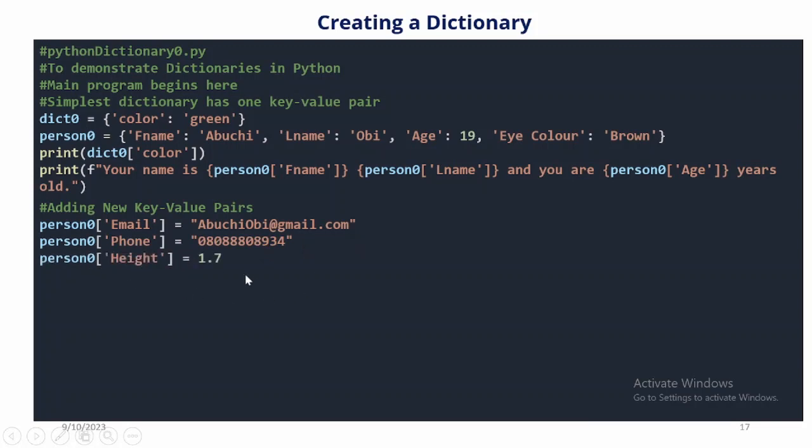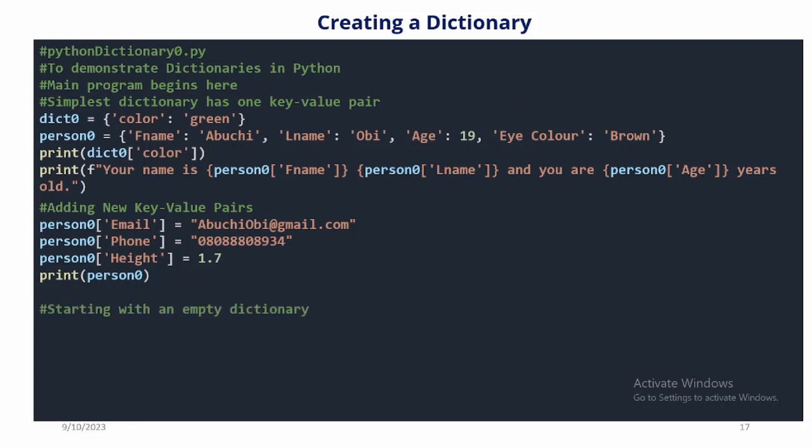Person 0 height equal to, you equate it to another value. And when you print it, it is going to show the full list of dictionary key value pairs that have been added to the previous one you created. So the keys will be fname, lname, age, eye color, email, phone, height.